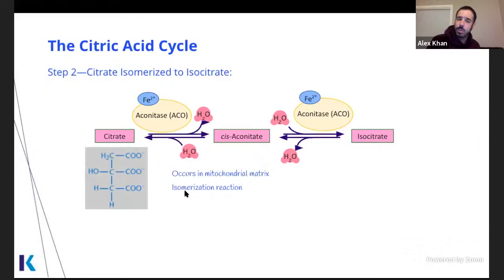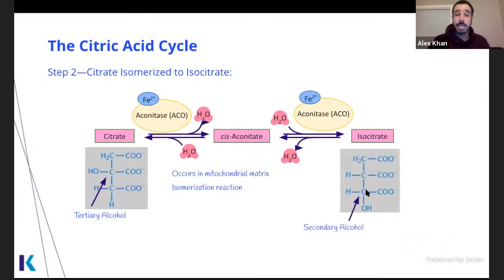And that leads us to what that cool fact is. Notice that citrate is a tertiary alcohol. Here's our alcohol, tertiary. And isocitrate is a secondary alcohol. So why did we just go through this whole process? It creates a molecule that is much easier to oxidize and therefore extract the energy. That's the point of this step.